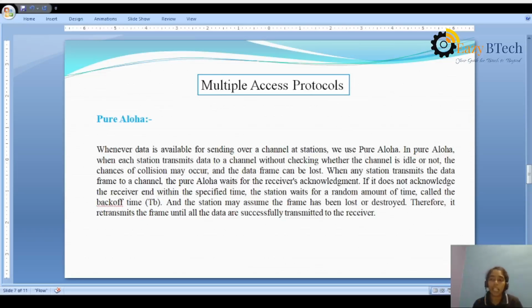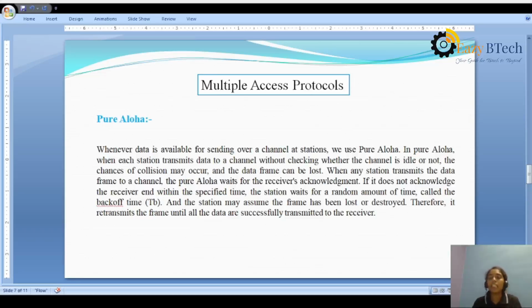Here, one thing is there. Whenever a data frame is sent by the source to the destination using this channel and pure Aloha, after sending the frame, it receives an acknowledgement of that frame. Then only the next frame will be sent to the channel.